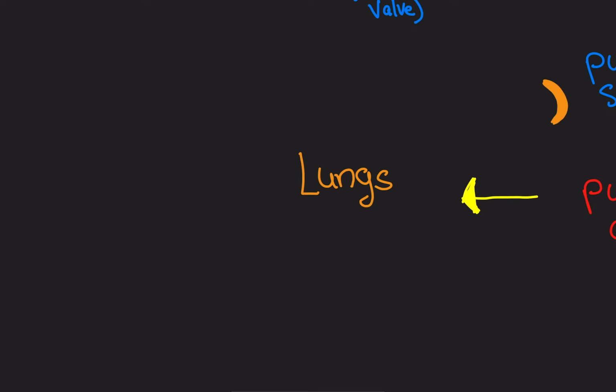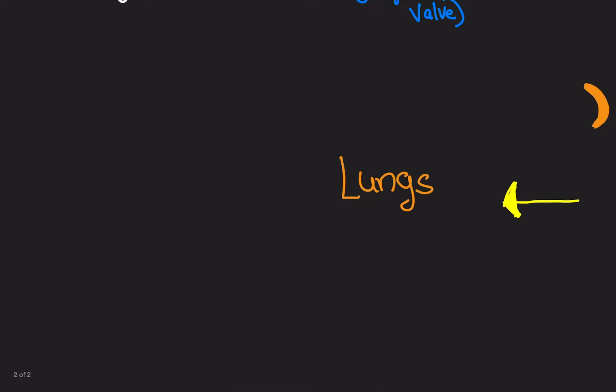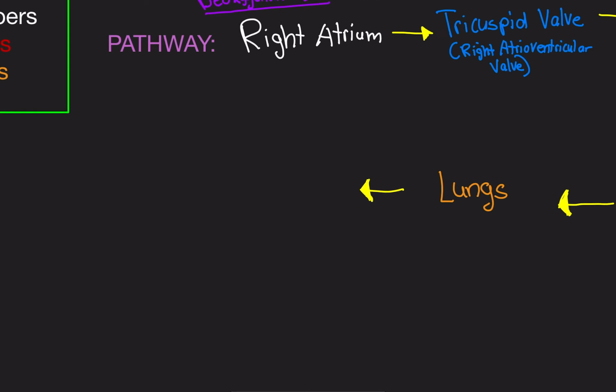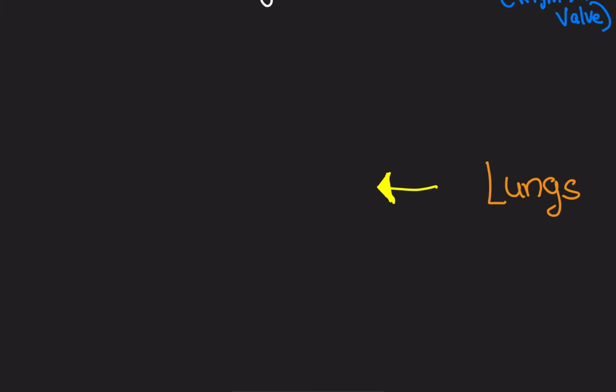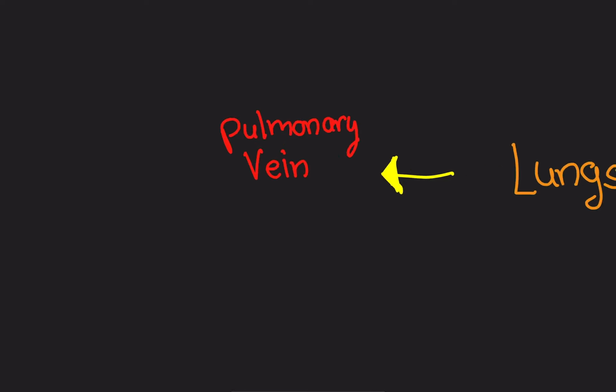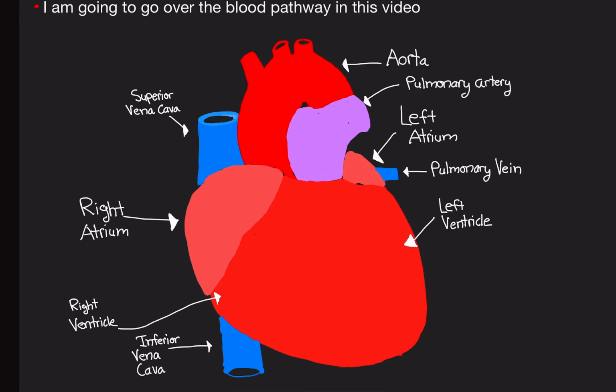Now, we are going to go back to the heart. So if we're going back to the heart, we use veins, and this is called the pulmonary vein. So let's cover what we did so far.